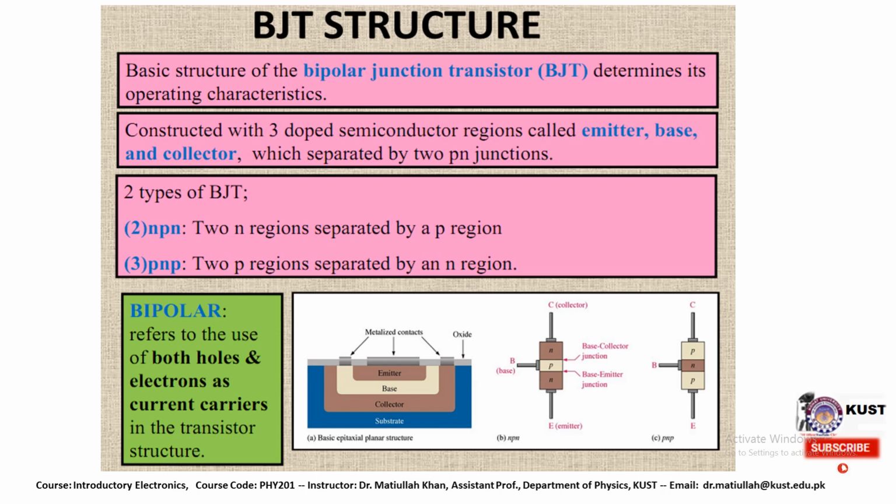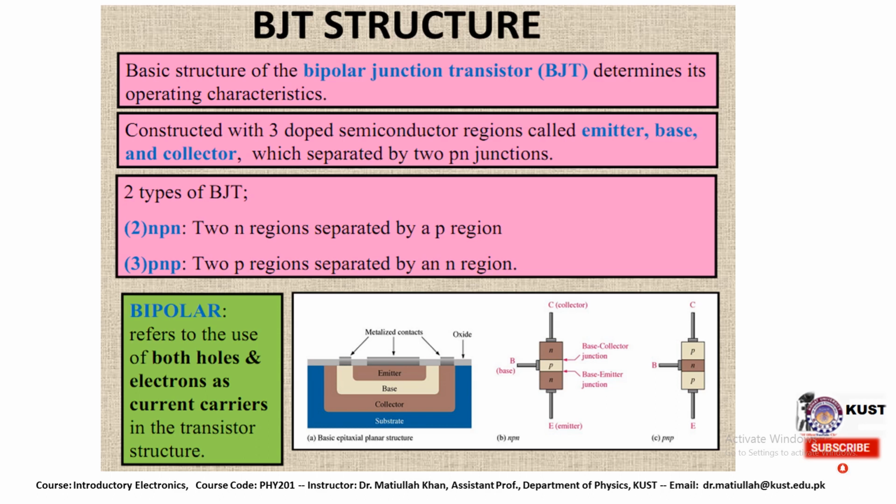In the same way, in a PNP type BJT, an N type extrinsic semiconductor is sandwiched between two P type materials. So based on the arrangement of P and N type materials, there are two types of these transistors, NPN and PNP.